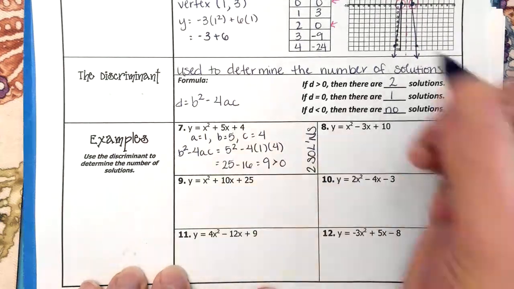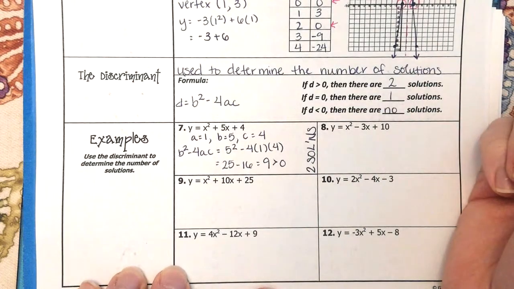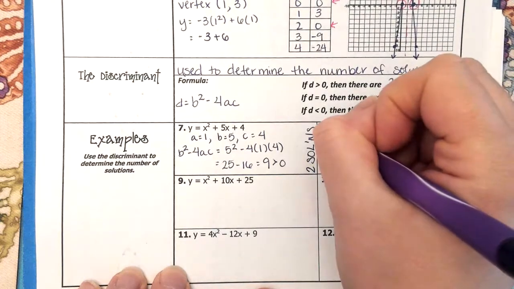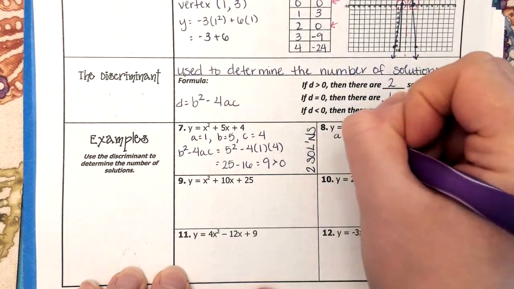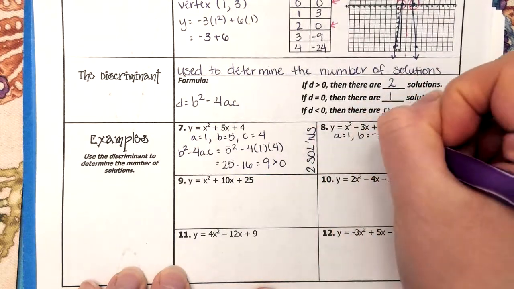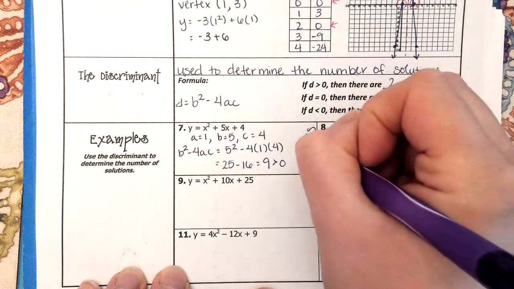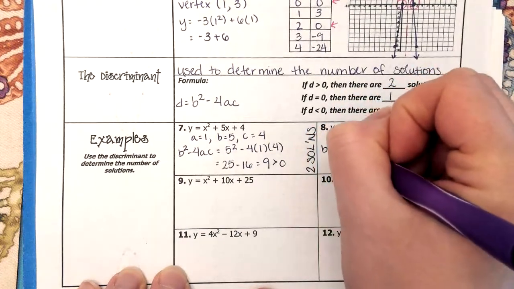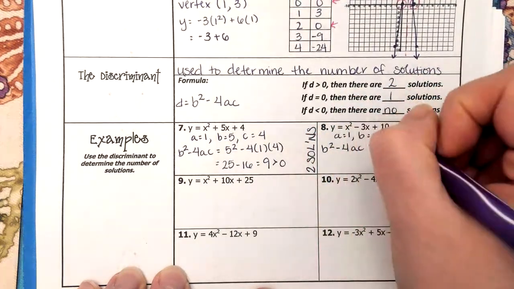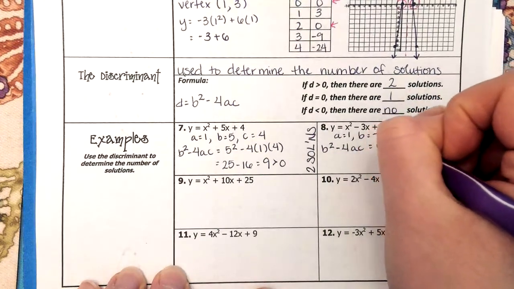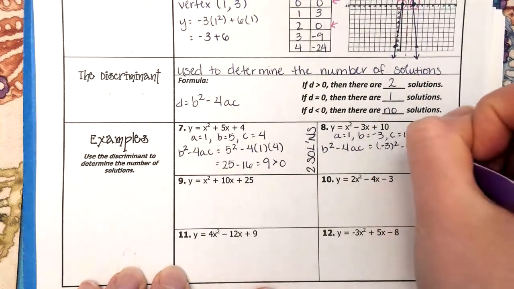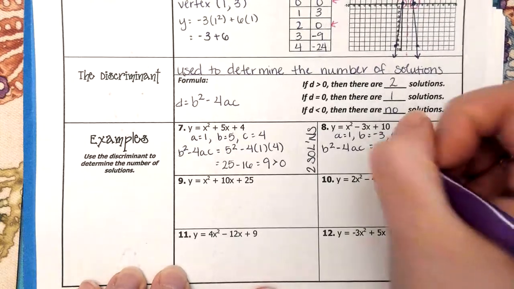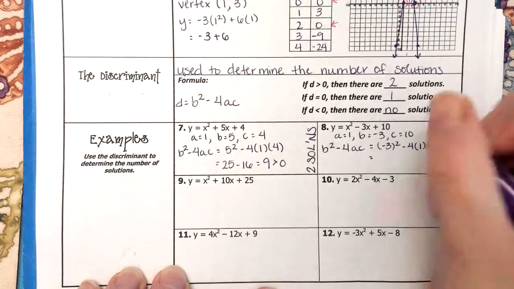Doing the same thing in number 8, y equals x squared minus 3x plus 10. First, I identify that A is 1, B is negative 3, C is 10. Then I plug it into my discriminant formula. B squared minus 4ac is negative 3 squared minus 4 times 1 times 10. Negative 3 squared is 9.